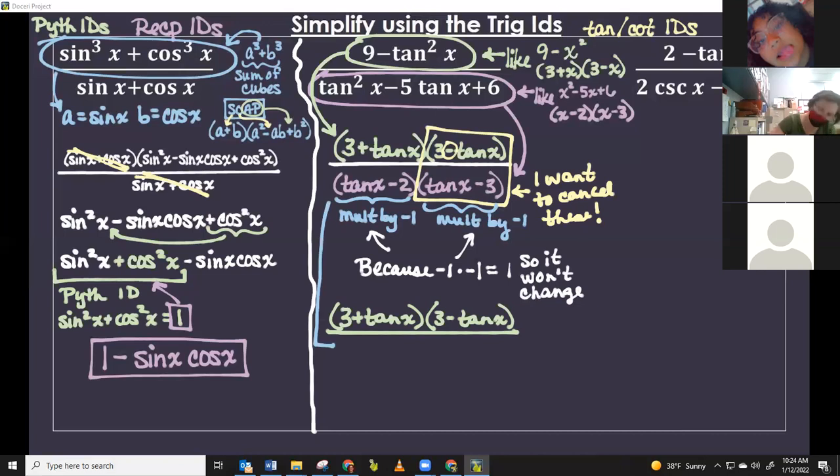If I multiply that first factor, tan x minus 2, times a -1, what's going to happen to both pieces?